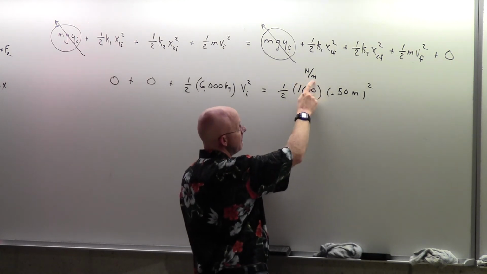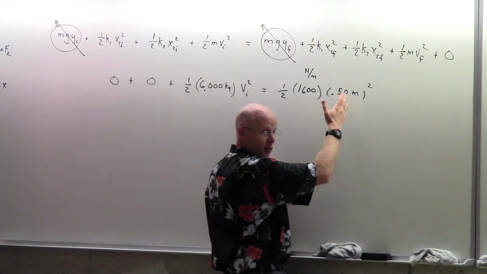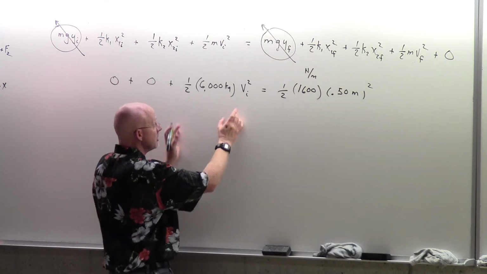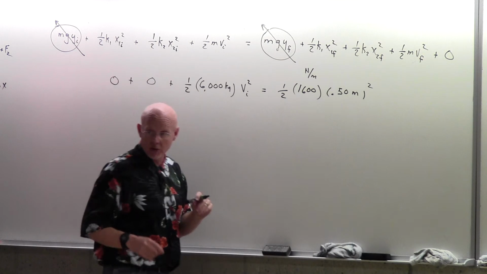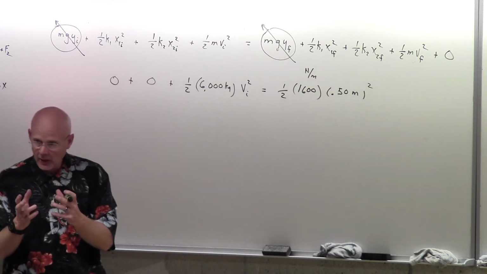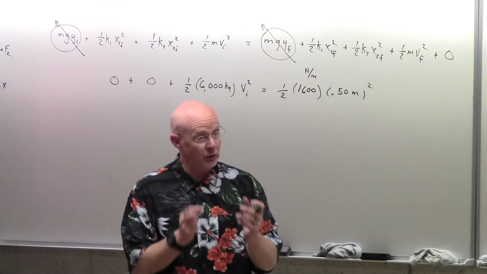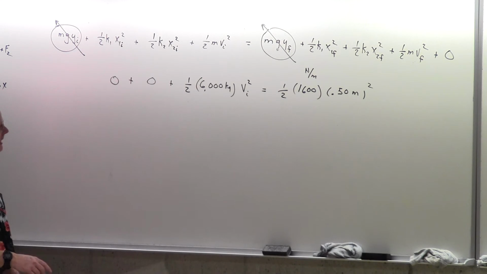I will get a meter downstairs canceling with a one of the two upstairs, and I'll get a newton per meter. So to get this in joules, to match meters per second, watch your units there. In other words, buried inside a joule is meters, seconds, and kilograms. Use those units. If they give it to you in centimeters, switch it over to meters, which they did.